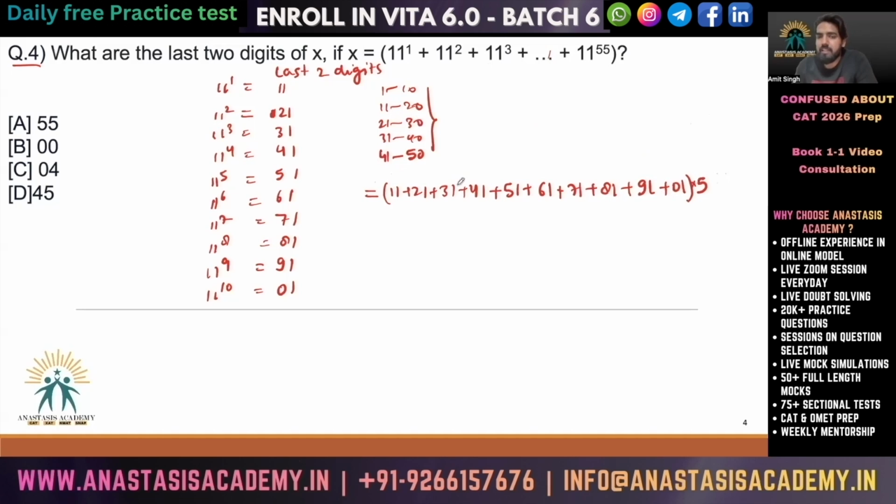Now I am left with 11 raised to the power 51. So the last two digits would be 11, 52 gives 21, 53 gives 31, 54 gives 41, 55 gives 51. So this is the sum of last two digits.